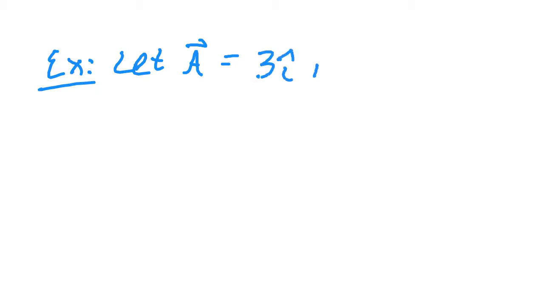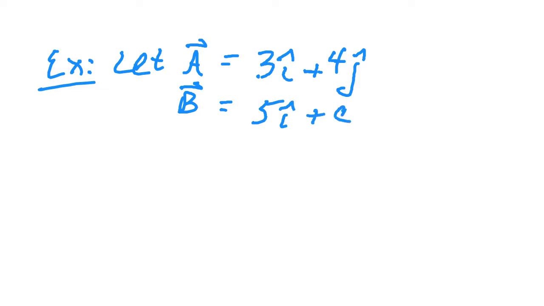Okay, so let's move along from that and do a couple examples. I screwed up an example at the end of the day yesterday also, so I'm going to make sure I don't do that this time. Let A vector equal 3i hat plus 4j hat, and B vector equal 5i hat plus c j hat.